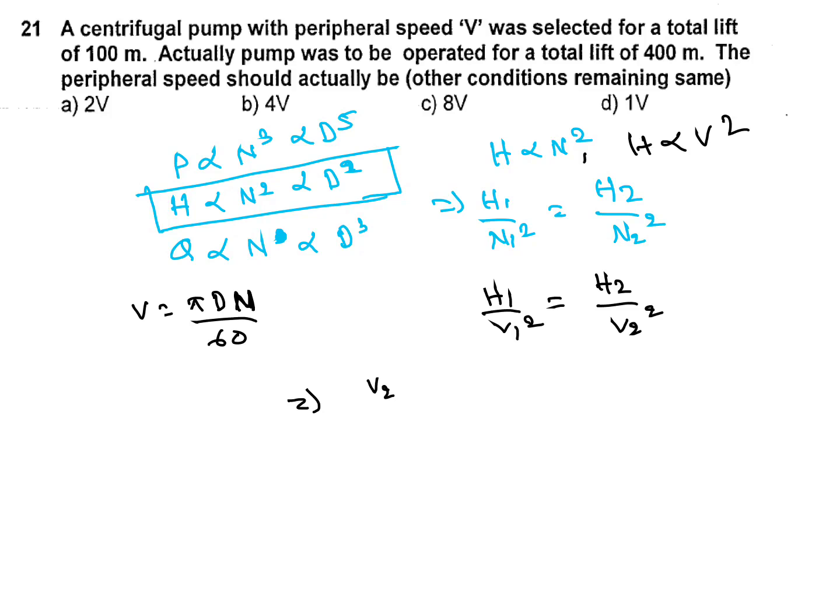So h1 is 100 meter and h2 is 400 meter, into v1 square, it's v square. So v2 square is 1 by 4 v square. So v2 equal to v by 2.